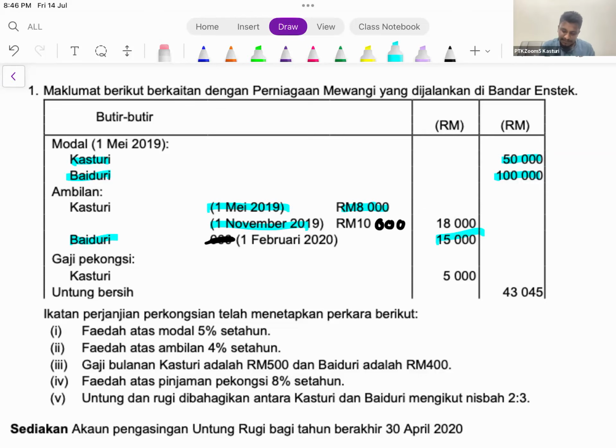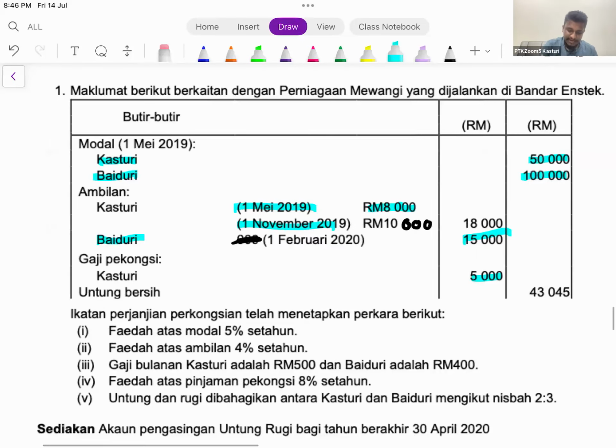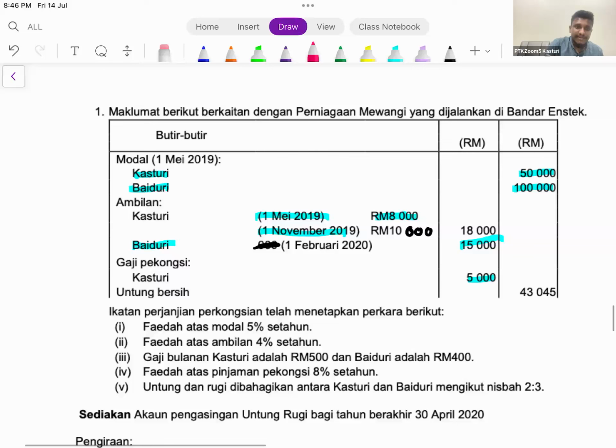Gaji perkongsi 5,000. Okay, can you write this also?